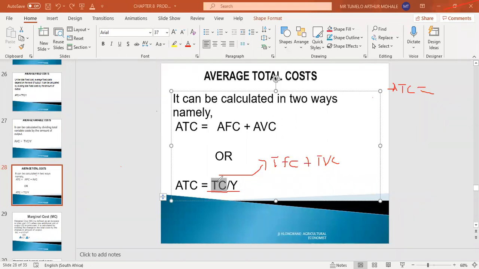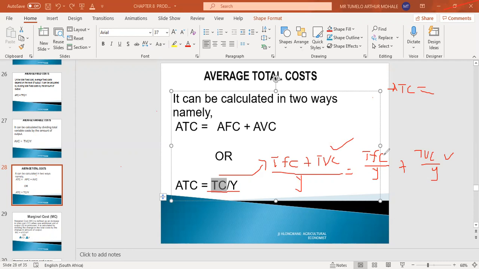So you can substitute TC by TFC plus TVC and divide all of them by Y. Remember, Y divides everything. So we can further separate those terms: TFC over Y plus TVC over Y. So this is the same as this.